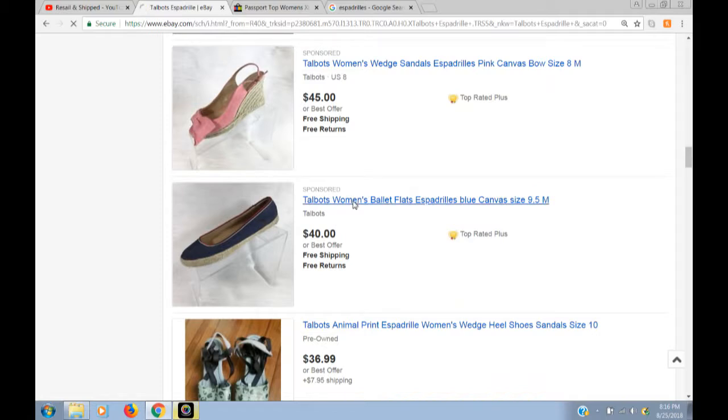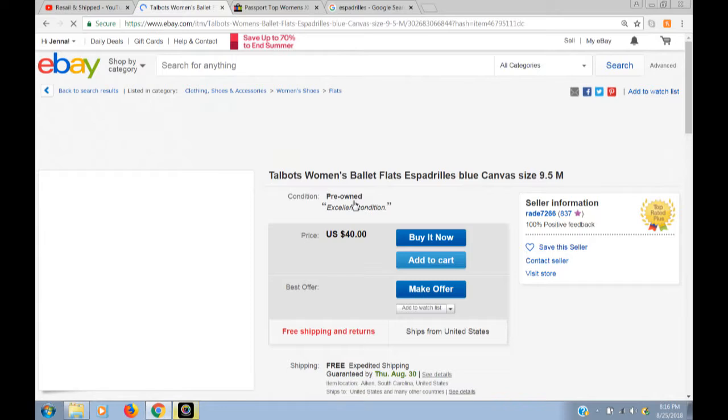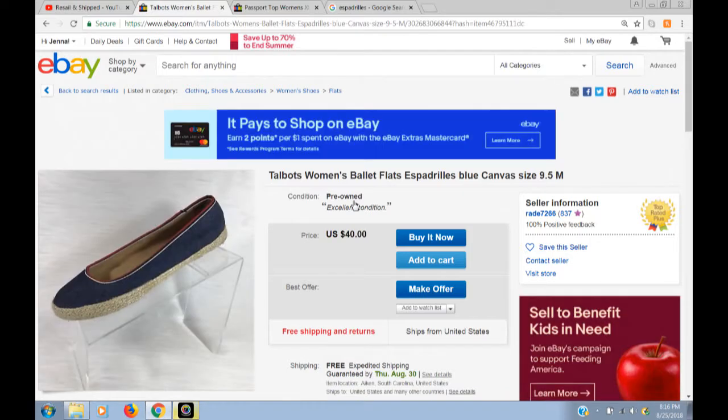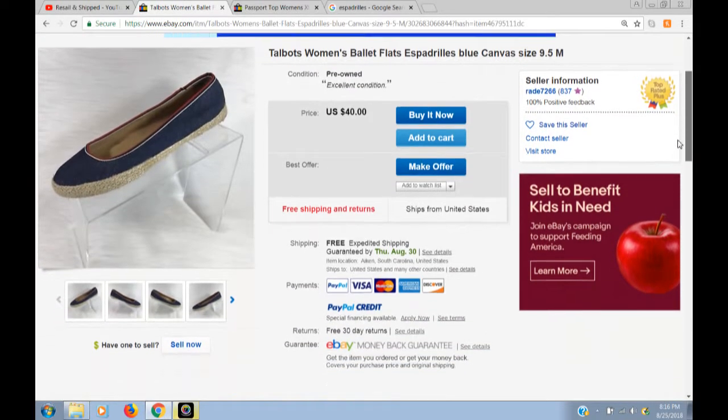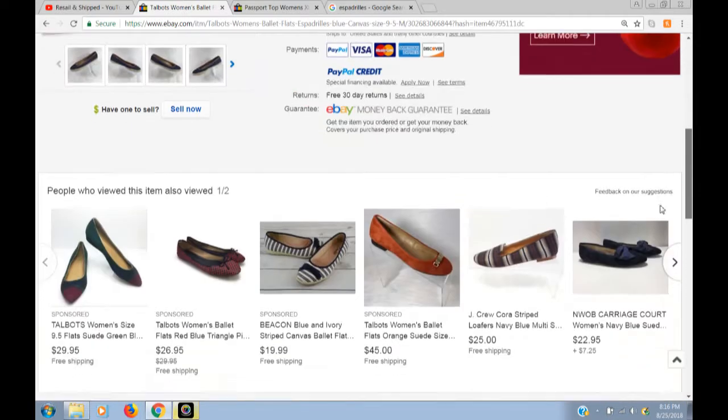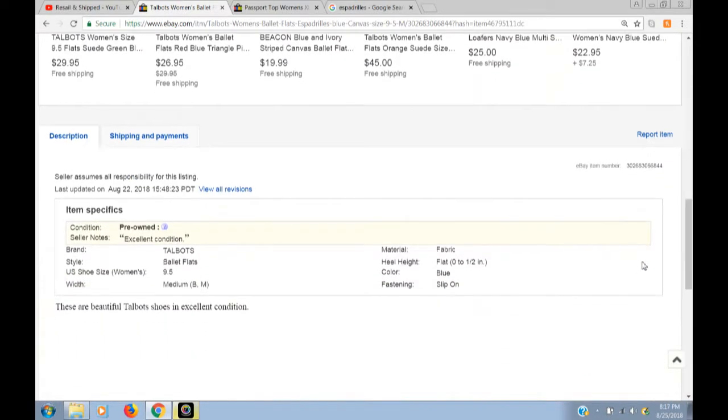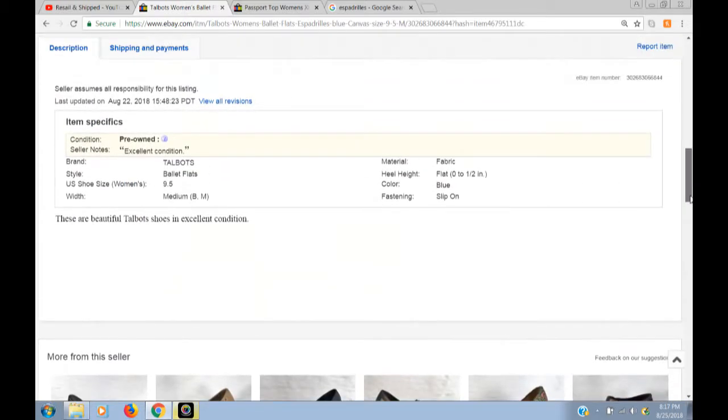So I don't think this is new. It's not new, it's in excellent condition. So they have theirs at 40. Sometimes I wonder how long they've had it listed, because that would make a big difference. See, and all they put in here is, these are beautiful Talbot shoes, new and excellent condition. And that's all they put in.